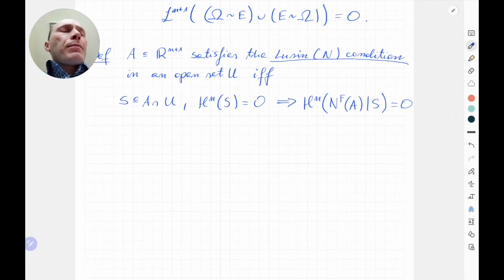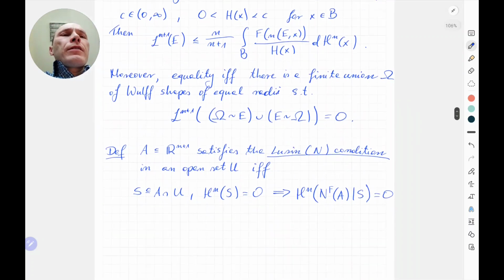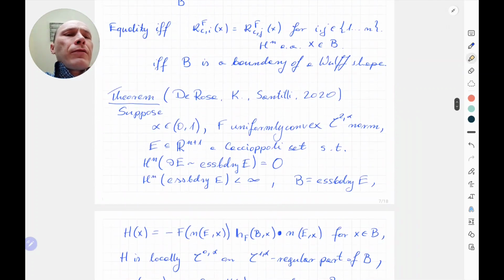And the main point, what is novel in our proof, is that we prove that if you have a varifold with bounded anisotropic mean curvature, the codimension 1 varifold associated to the essential boundary of E, and you know that there is this special property, that the closure of the essential boundary, which is basically the topological boundary, differs from the essential boundary by a set of measure zero.